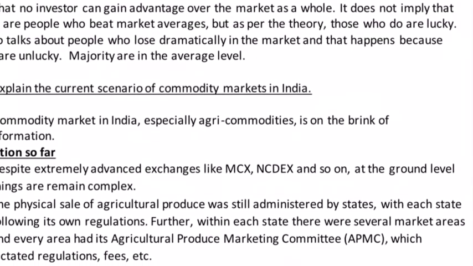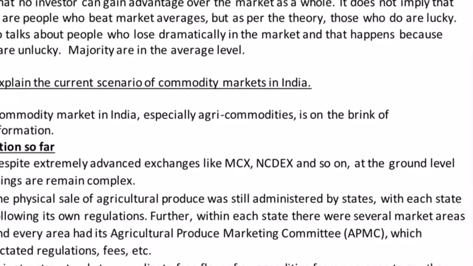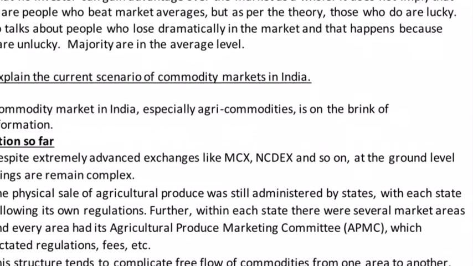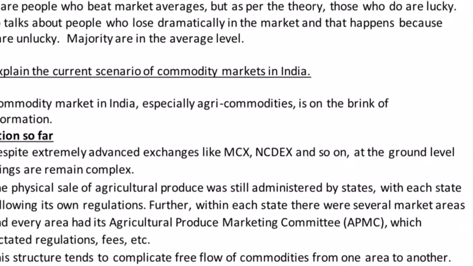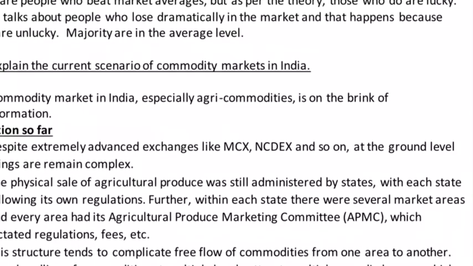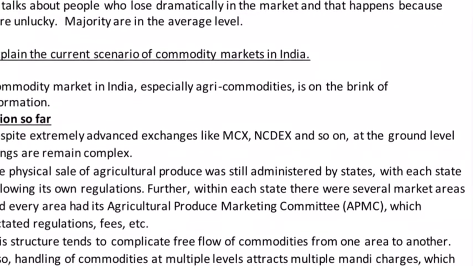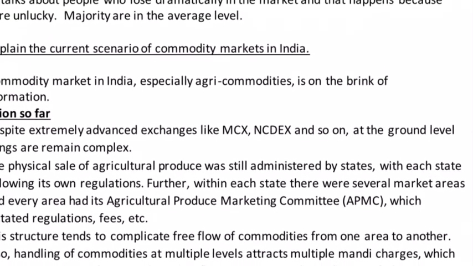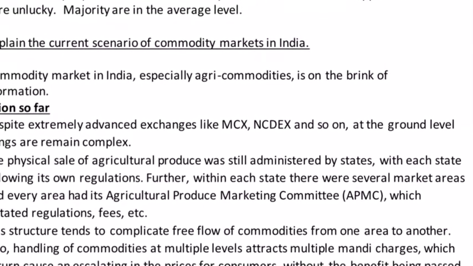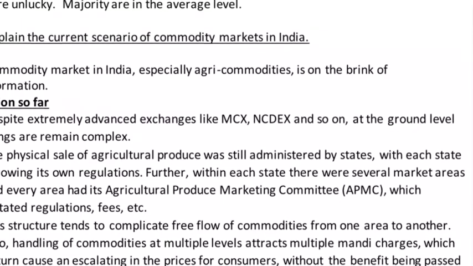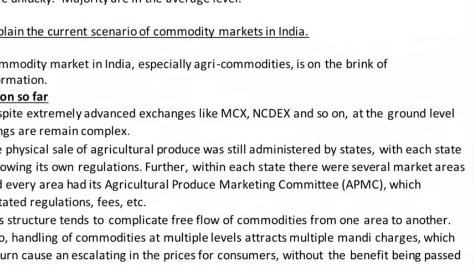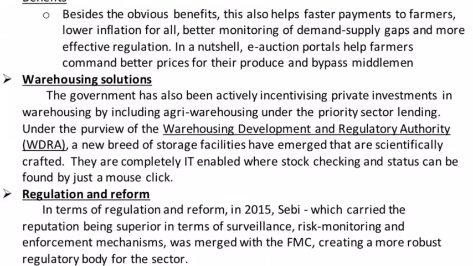Thus, with this there is better price discovery. So in a nutshell, these e-portals help farmers command better prices for their produce by bypassing the middlemen. Support is also offered for transport for the farmers, from their place to various warehouses and so on.